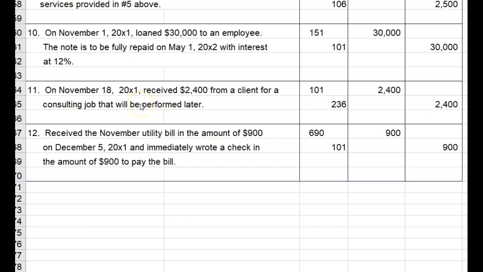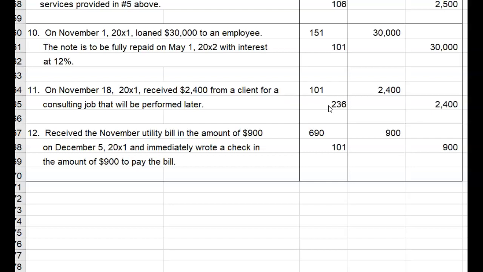If we're providing services, the revenue is not earned until the job is complete. Well, as of November 18th, we haven't even started that job, so we do not have earned income, we have unearned income.